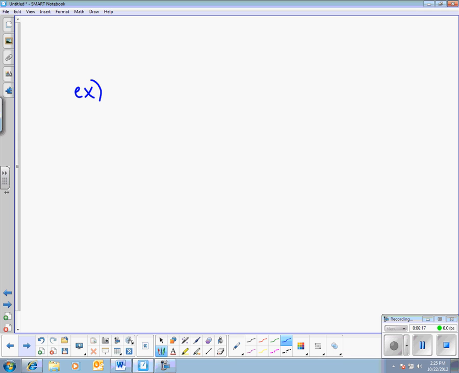First example is the sum from 1 to infinity of negative 1 to the n minus 1 times 3 halves to the n over n squared.